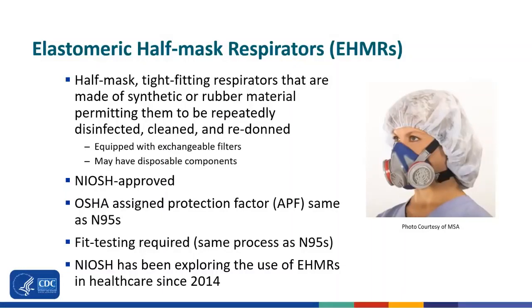If they are marketed in the United States, they are NIOSH approved, and the Occupational Safety and Health Administration assigns the same level of protection to them as N95 respirators. Fit testing is required, and the same process is used for N95 respirators. During the use of EHMRs in healthcare since 2014.